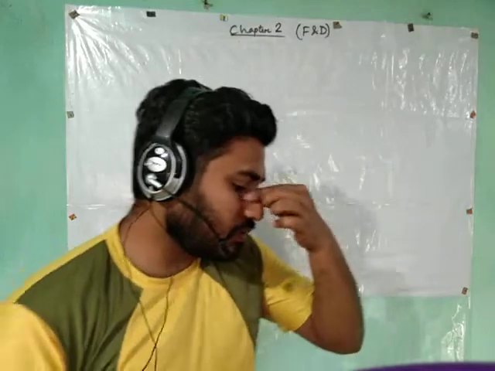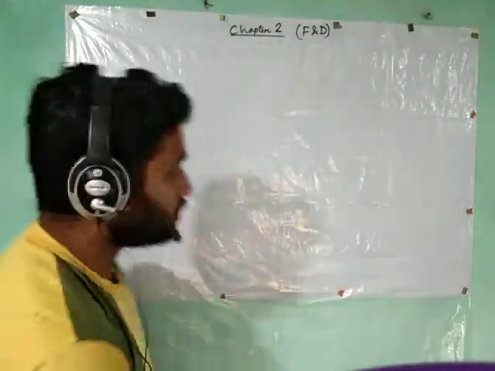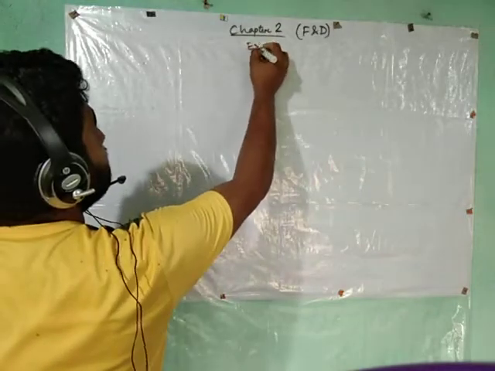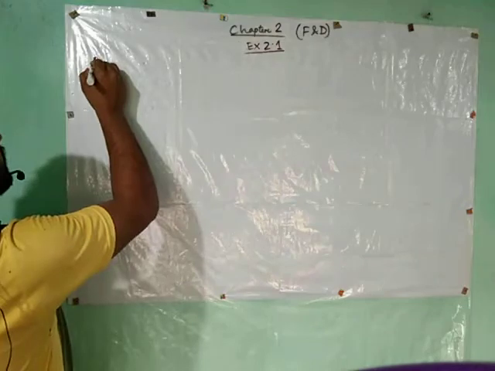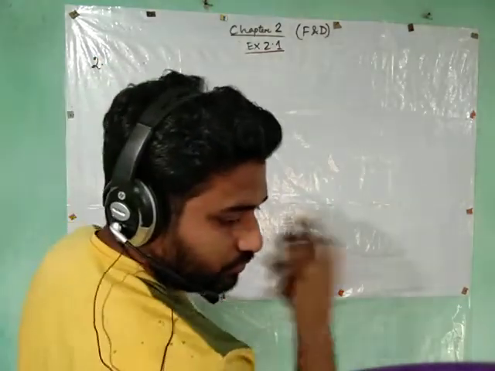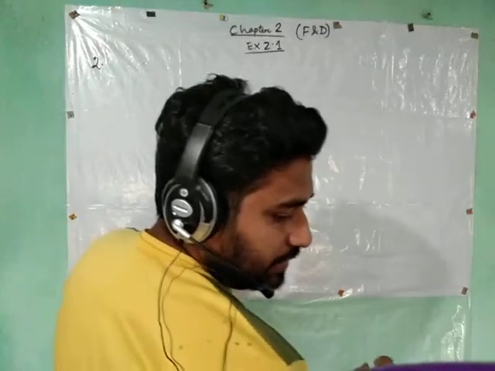Now question number 2, I think most of you have not done. So from exercise 2.1, I am doing question number 2. I am not going to write down the question, but the question is: arrange the following in descending order.